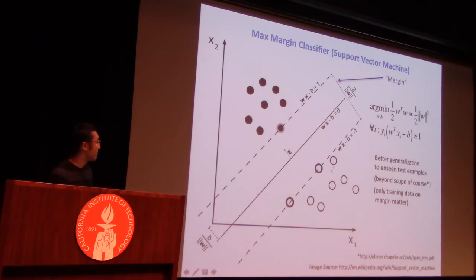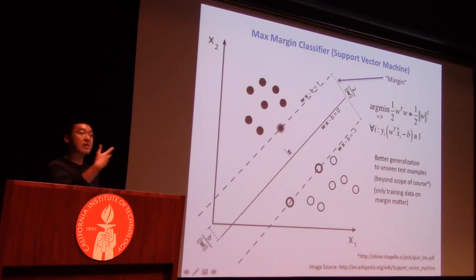And then the margin is 2 over the norm of W, where W is even smaller, which means the margin is even bigger, right? If these 3 points didn't exist, the achievable margin is bigger, and we'll find that by finding a smaller W.